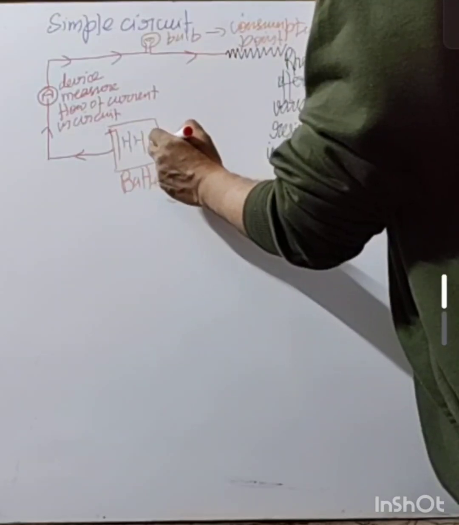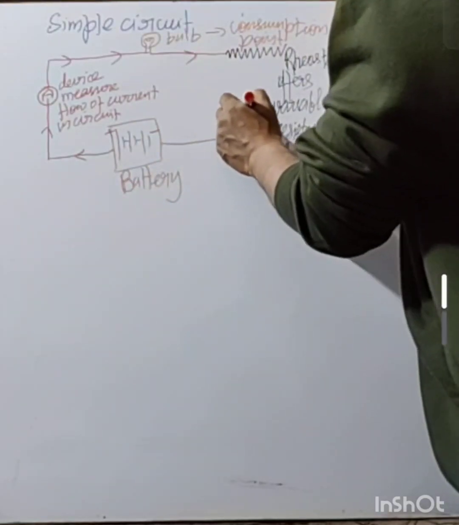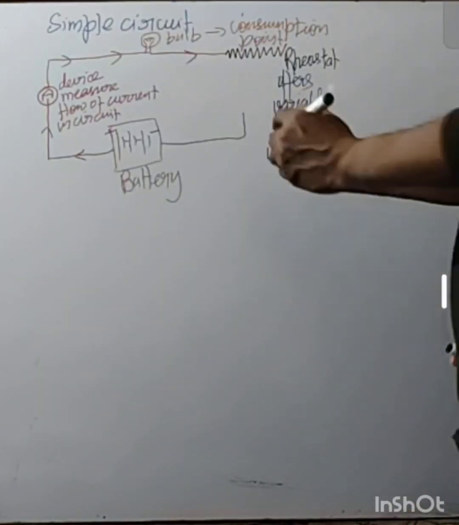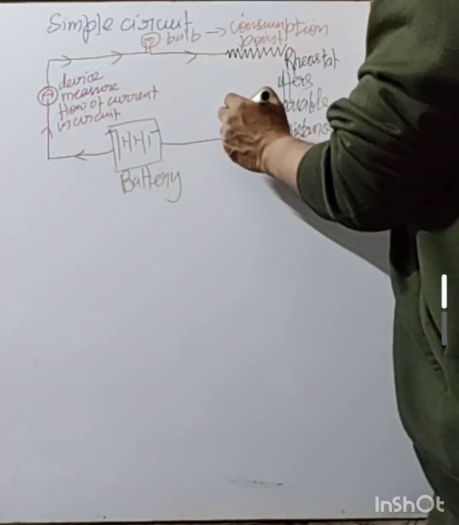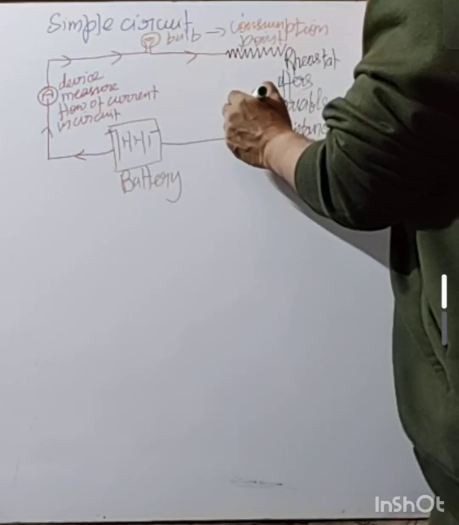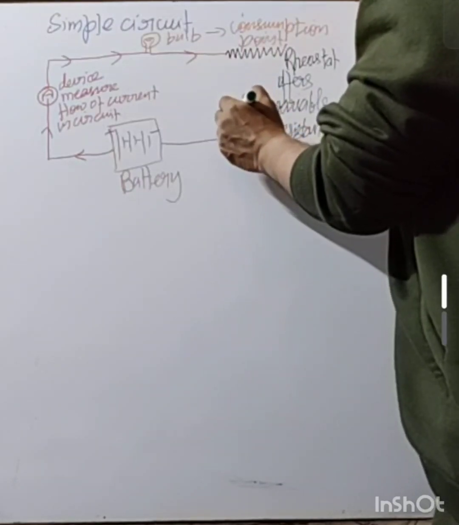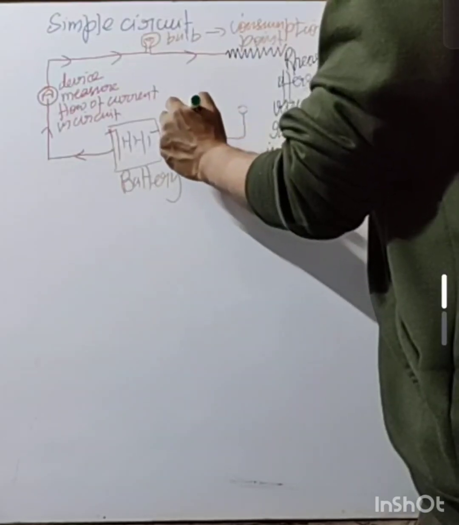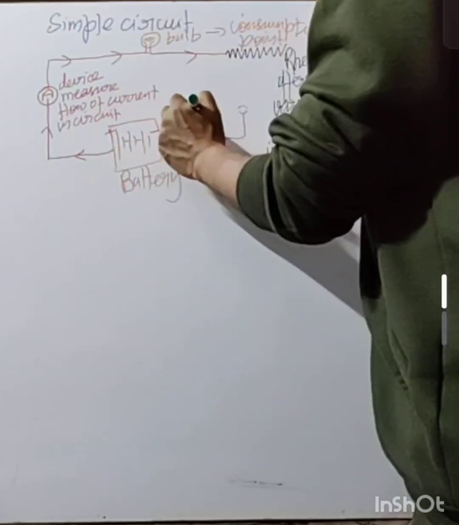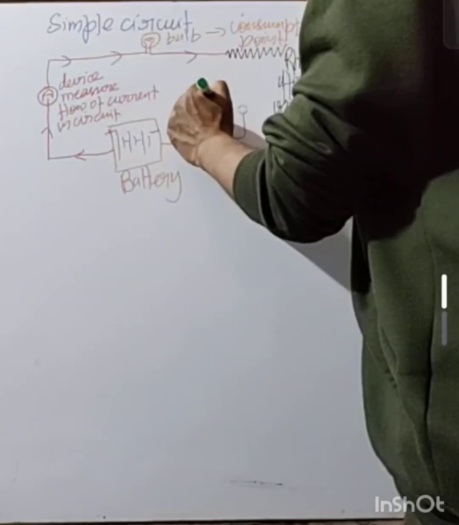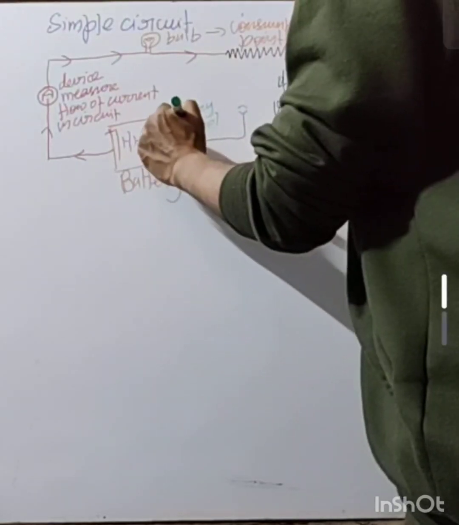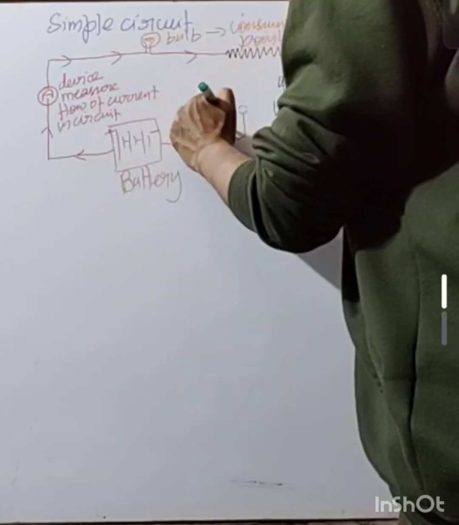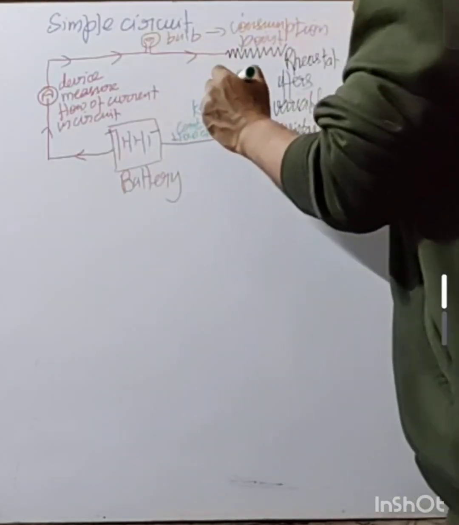Now there is a switch, a key, to control the flow of current, right?